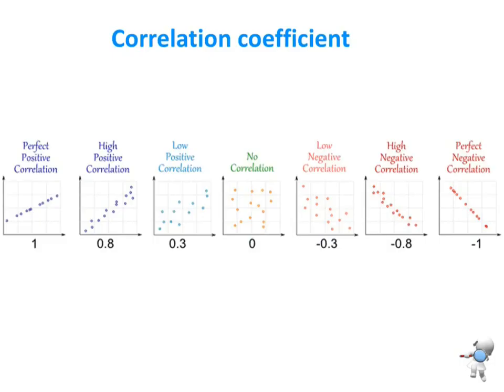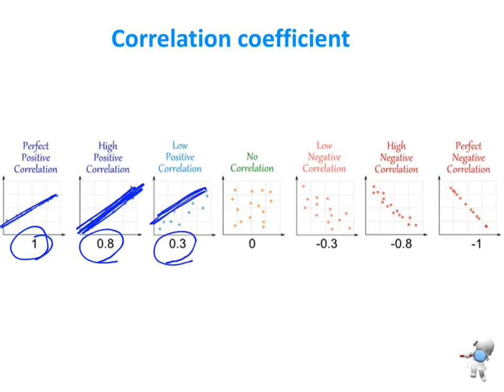So here are some little graphs to show you a bit more. An R value of 1 would give us a perfect straight line relationship. Then an R value of 0.8 would be moderately strong. By the time I'm getting down to 0.3, that relationship is a lot wider. The strength is a lot lower now. And so that's something that we can use to supplement our evidence if we have this information.